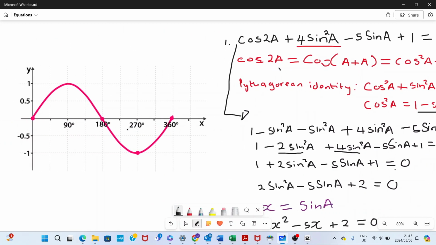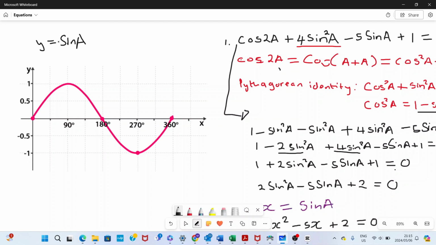So this graph here is the graph of sine A. So in this case, we can just say it's y equal to sine A. So the graph of sine A alternates between the y values of 1 and minus 1, meaning that sine of A cannot be equal to 2.